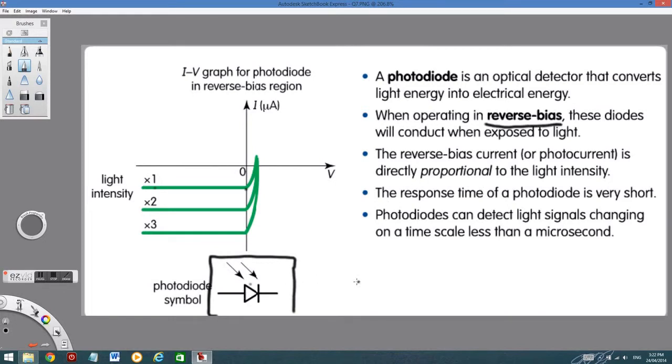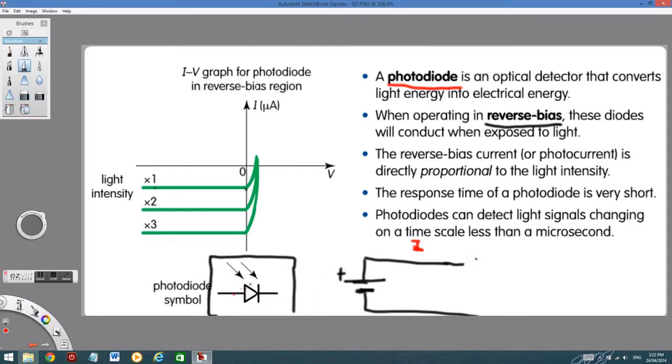Remember for a diode, say if I have a power source here, I have a circuit, and the current flows from positive to negative. Normally, for a diode, we should put it in the forward direction so the current is able to flow through the diode. Only with photodiodes, we cannot do that. For photodiodes, we have to put it in the reverse biased direction.